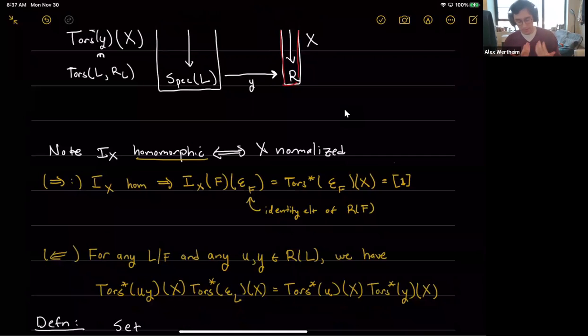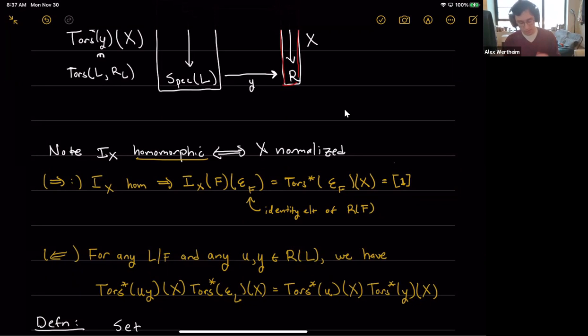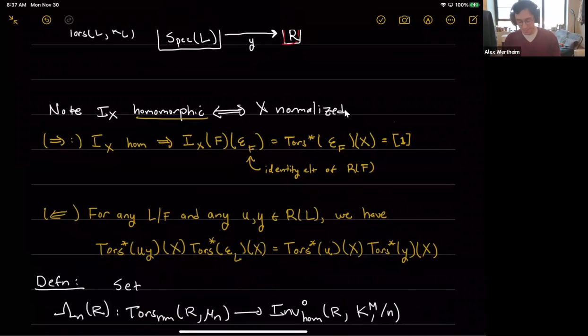On the other hand, showing that if x is normalized, then Ix is homomorphic is maybe a bit more delicate, but I claim that it follows from the following formula, which is proved in the paper. And what it says is that for any field extension L over F and any points U and Y in RL, we have the following formula for the product of the pullbacks of X along U and Y. If I take the product of the pullbacks of X along U and Y, then it's the same thing as the pullback of X along the product of U and Y together multiplied with the pullback of X along epsilon L, which is again the identity element of RL.